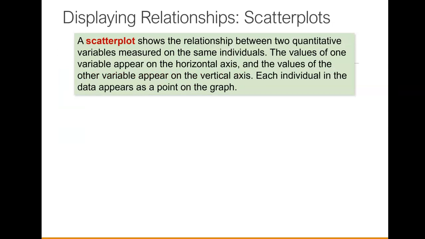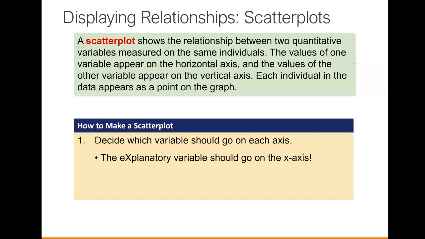So one way to show the relationship between these two quantitative variables is to construct what's called a scatter plot. The values of one variable are going to appear on the horizontal axis and the values of the other variable on the vertical. And each individual then appears as a single data point on the graph. So you need to decide which one goes on each axis.